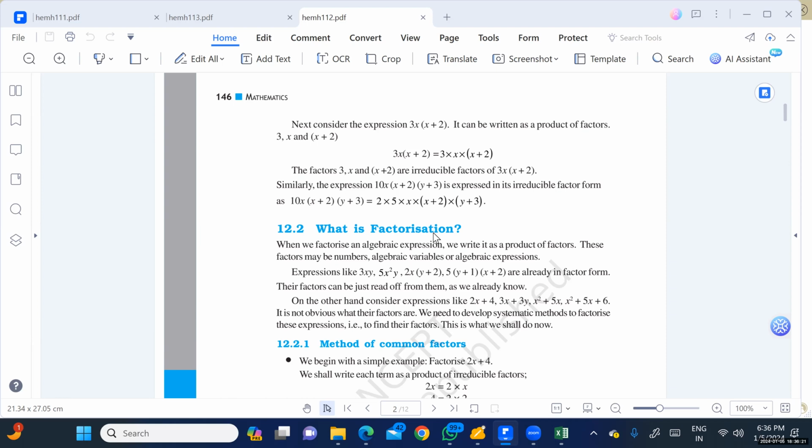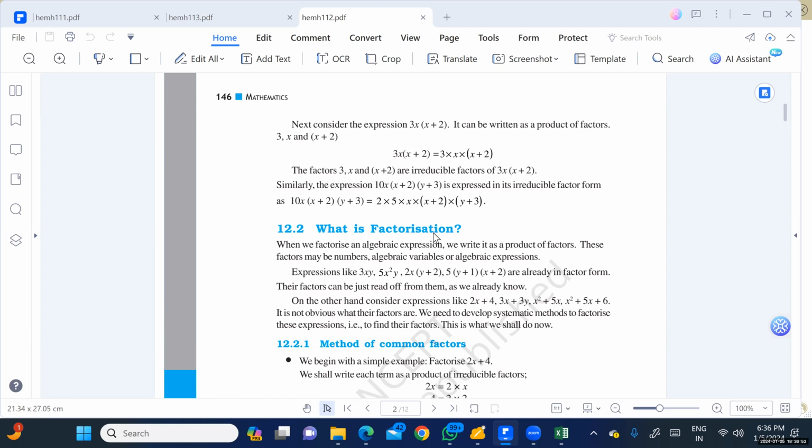Yes or no? Now you understand the meaning of irreducible form and prime factors. What is irreducible form? Sir, where the numbers are not reducible further in an algebraic expression.